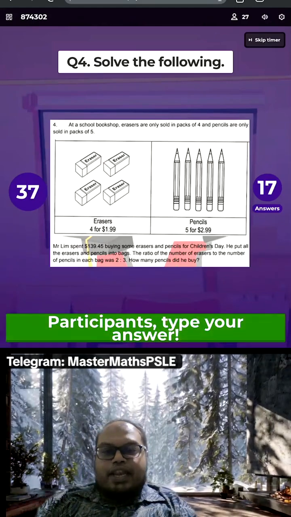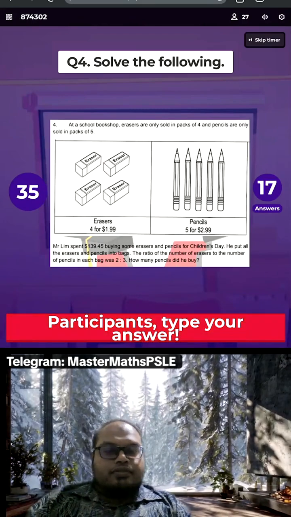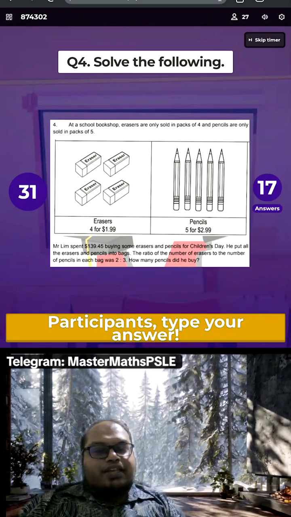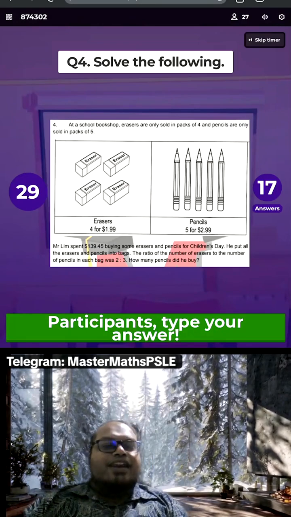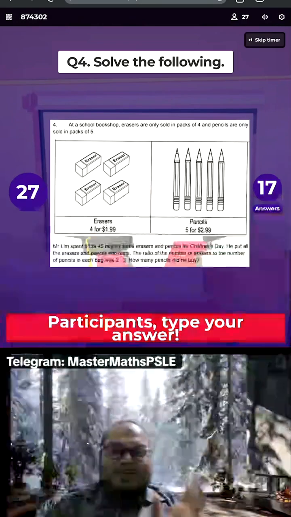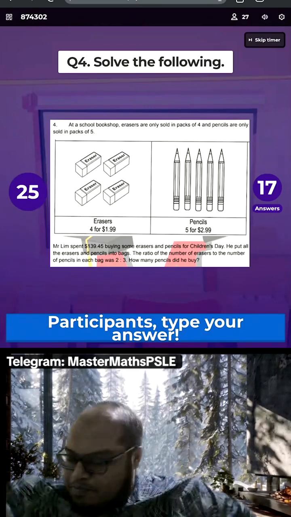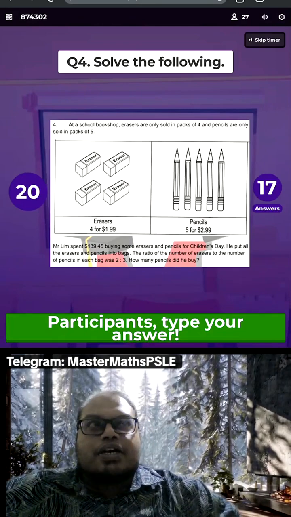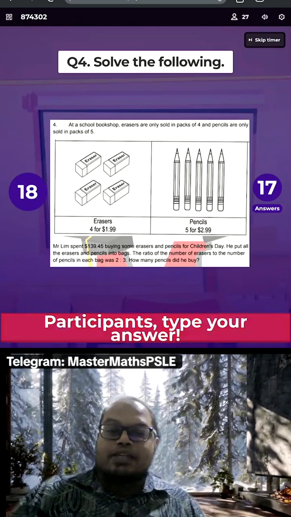Okay, less than a minute left. I cannot say whether it's a multiple of 5. And no, it's not supposed to have a dollar sign, okay? Because they're asking about how many pencils, not about the amount of money he spent on pencils.